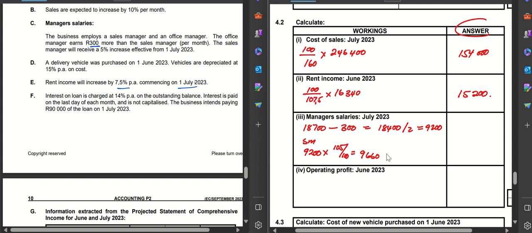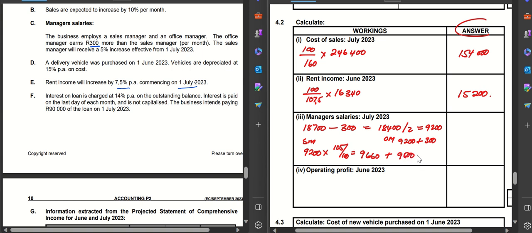But remember, the office manager was getting 9,200, and he was getting more. Remember, the office manager was getting more by 300. So the office manager, this is the office manager, he was getting 9.5. So it would be 9,660 plus the 9.5 for the office manager.